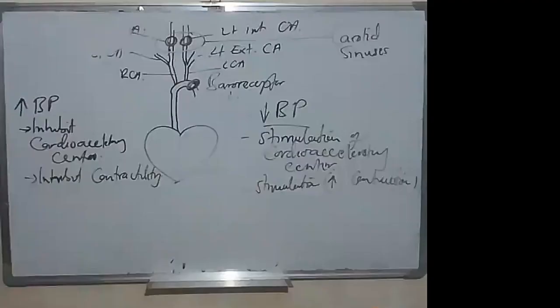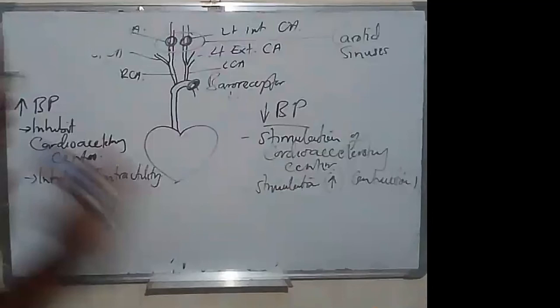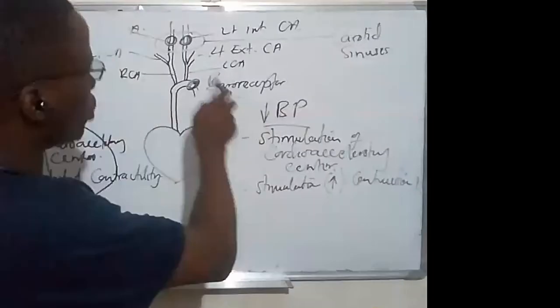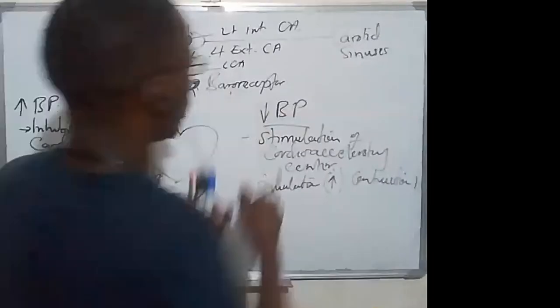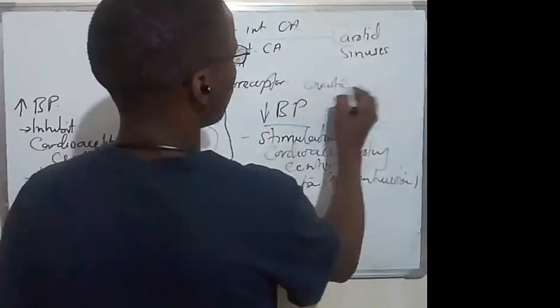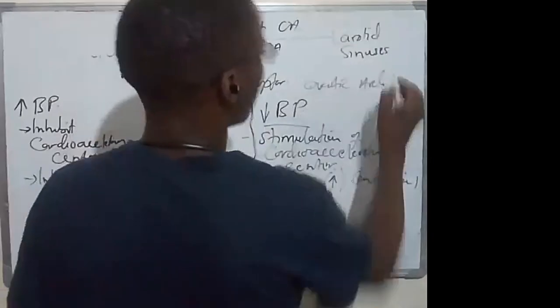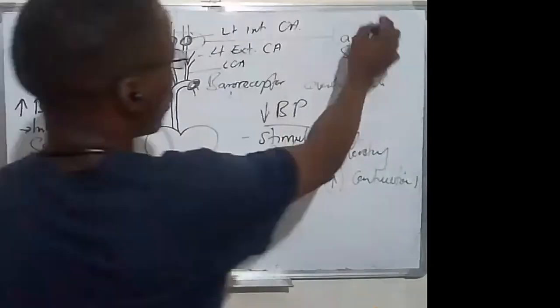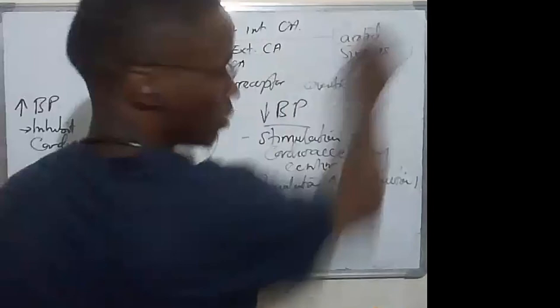Okay. So what happens with the baroreceptors is that, remember I mentioned that there are two: the ones on the aortic arch, and then other than that, we also have baroreceptors on the carotid sinuses.